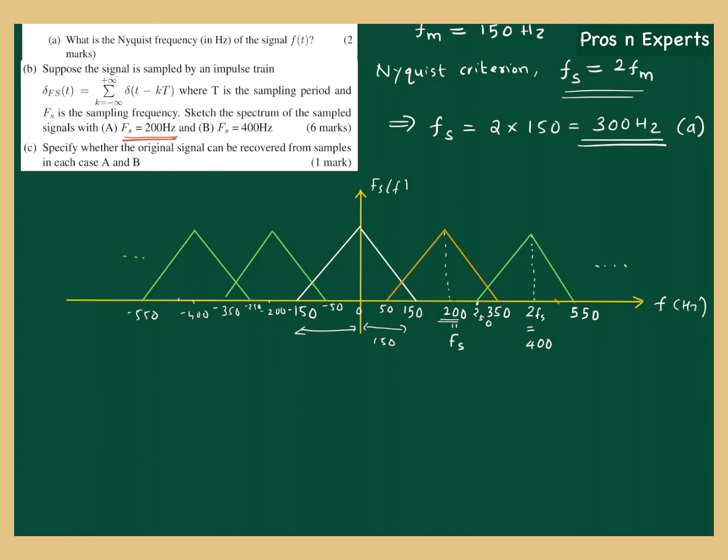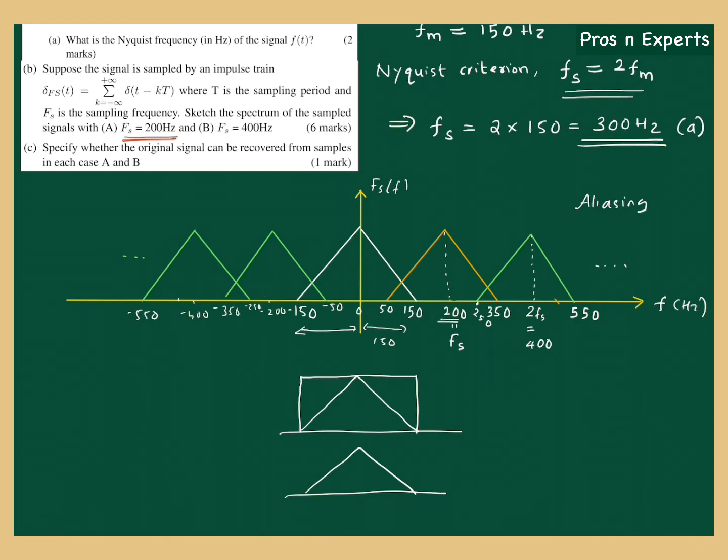You can clearly see a very important point here, that is aliasing. Our message signal spectrum was like this, and you can ideally reconstruct it using a low pass filter, multiplying with the low pass filter in the frequency domain. What results will be our message signal. But imagine this spectrum, where you multiply with a rectangular pulse or low pass filter.